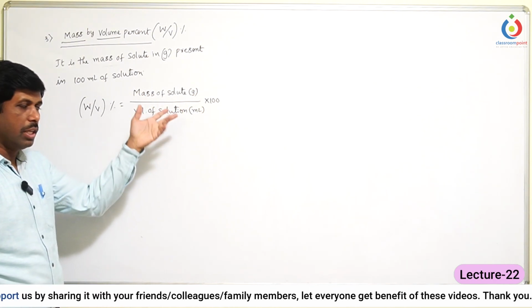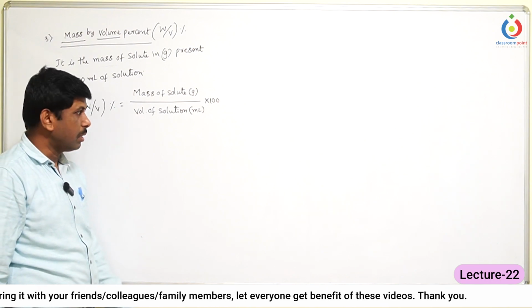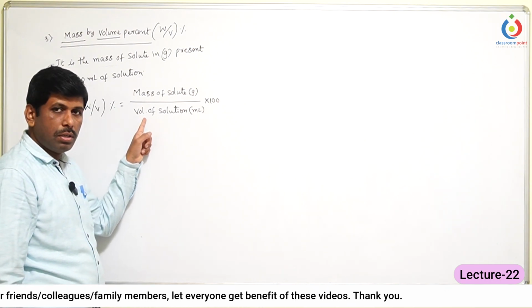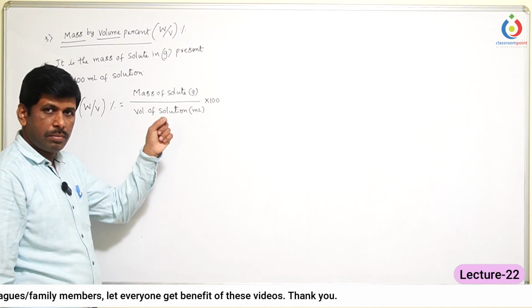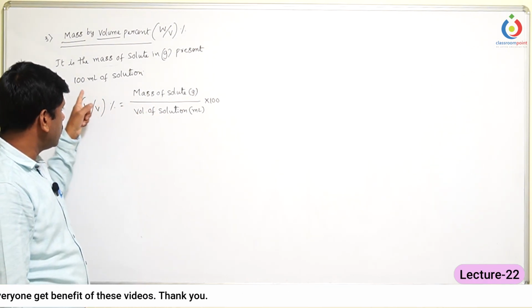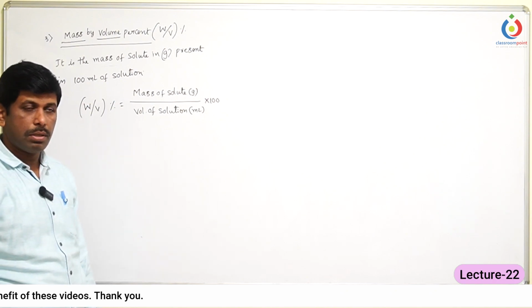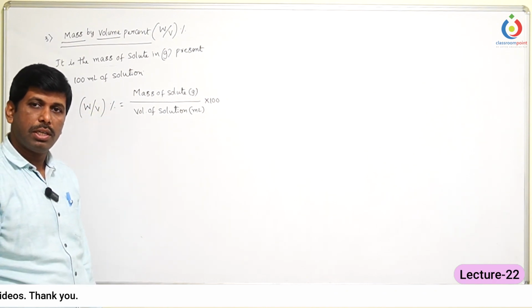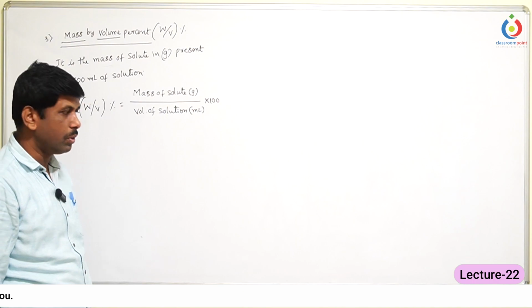See here it is grams per ml. So it has the units. There is no cancellation. At the same time here volume is involved. So when temperature rises, volume of the solution also increases. When volume of solution increases, its percentage value means mass by volume percentage value decreases because they are inversely related to each other.